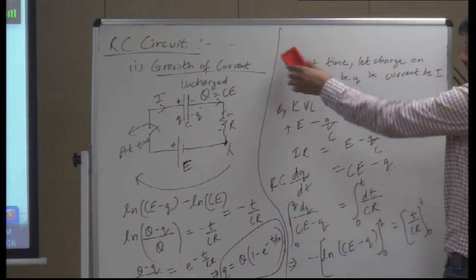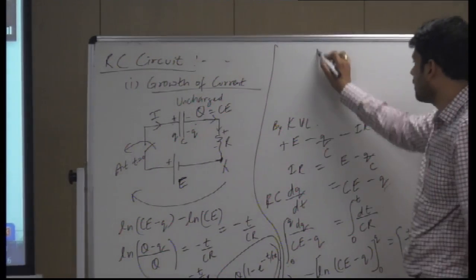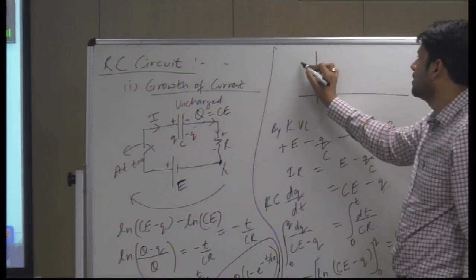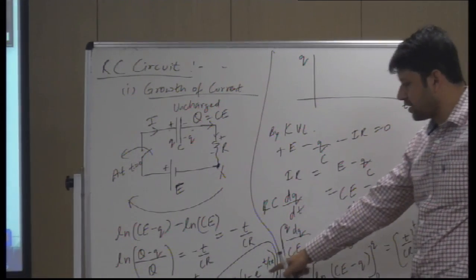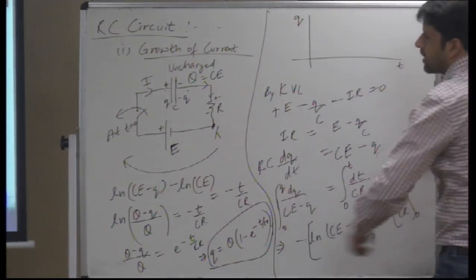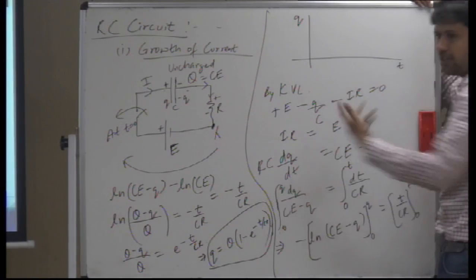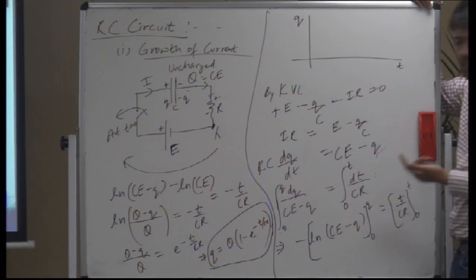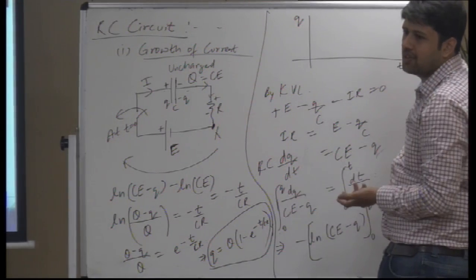If I could erase the top portion. This is the charge. If I draw a graph for the charge, q versus t, you can check that as time increases, this e factor will decrease. When t is 0, e raised to power minus 0 is 1.